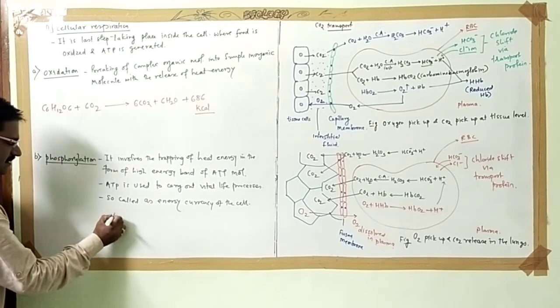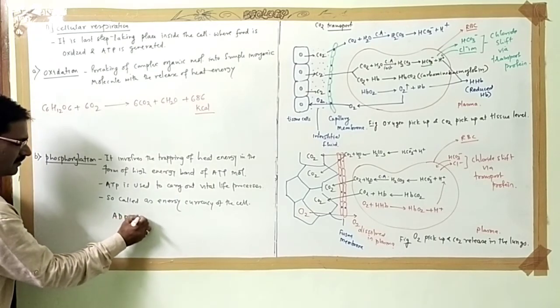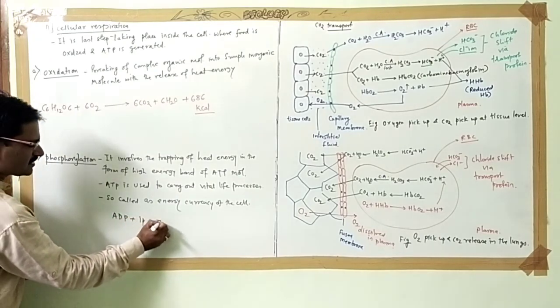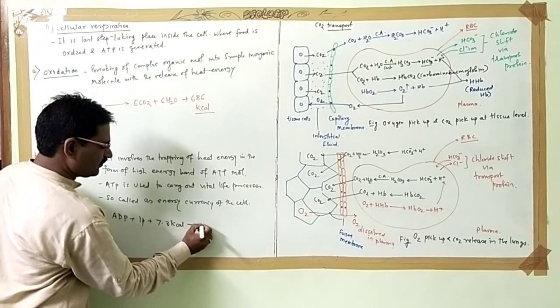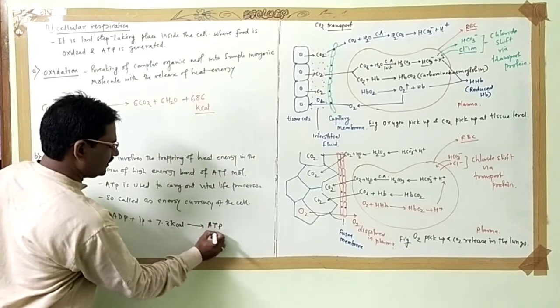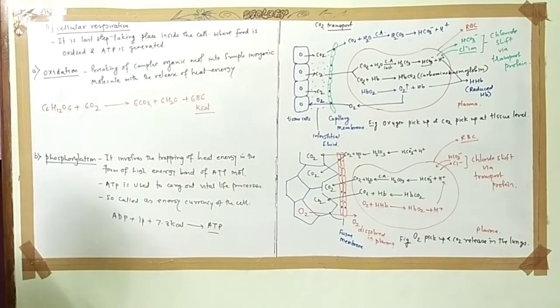ADP plus inorganic phosphate plus 7.3 kilocalorie energy forms ATP. Phosphorylation is nothing but the synthesis of ATP molecule.